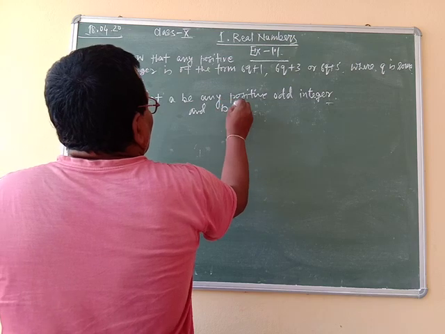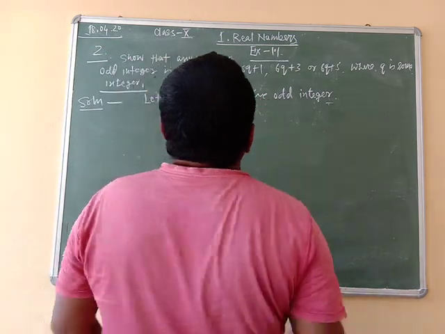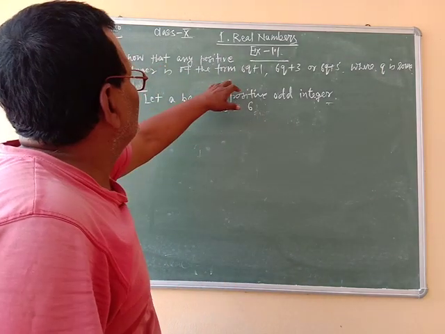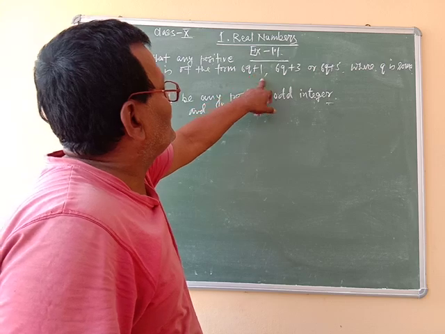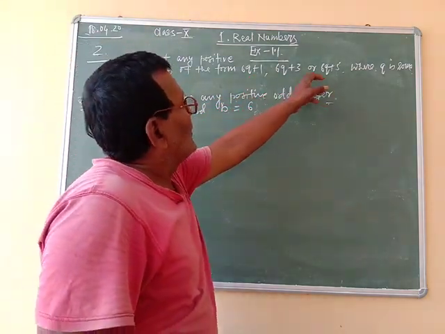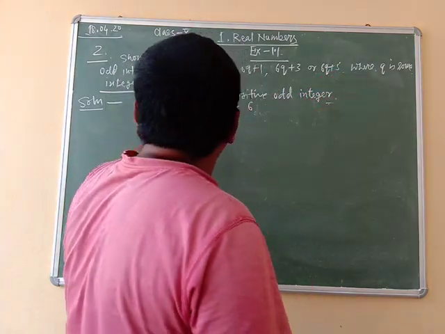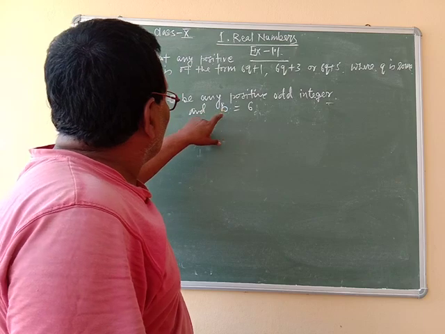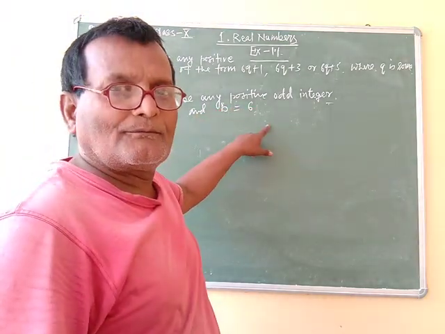b is equal to 6. If it is given that any odd integer is of the form 3q plus 1, 3q plus 2 or 3q plus 5 where q is some integer, then we take b is equal to 3.